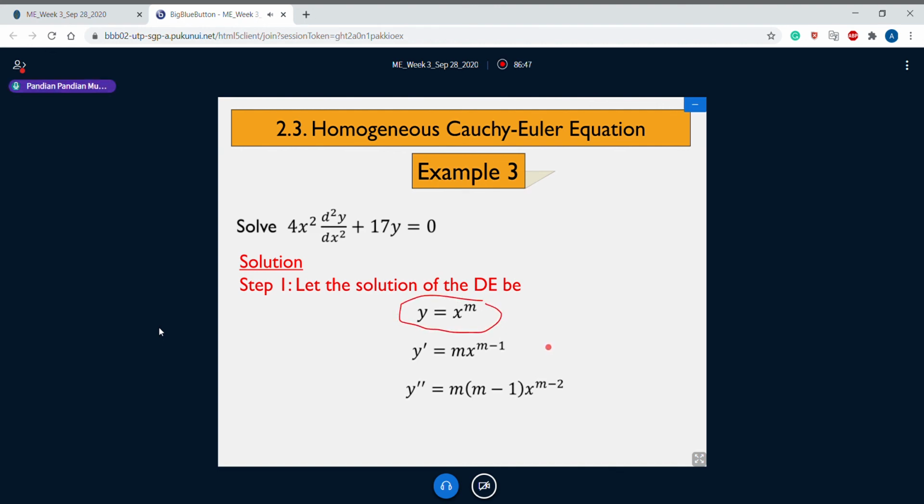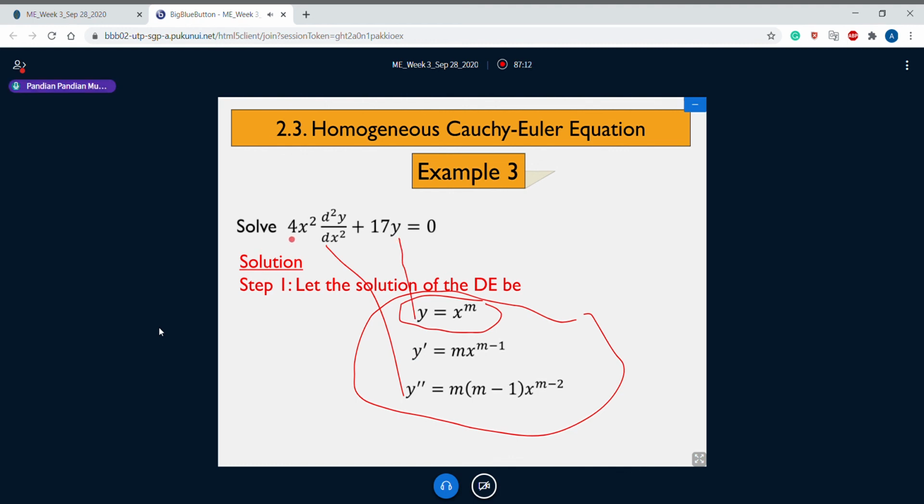I repeat the same process. y equals x power m, y dash equals m x to the m minus 1, and y double dash equals m times (m minus 1) x to the m minus 2. So you take all these things and plug them inside d squared y dx squared, and you don't have y dash, you put y here.